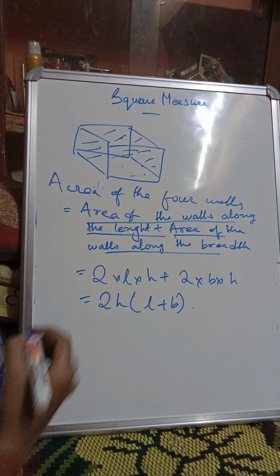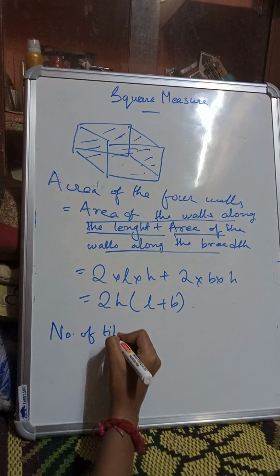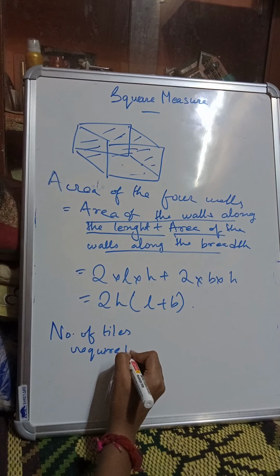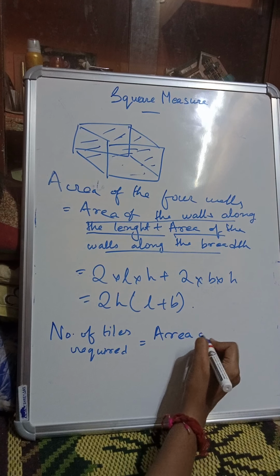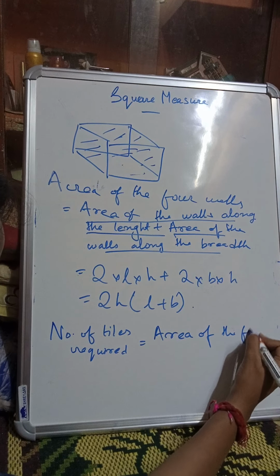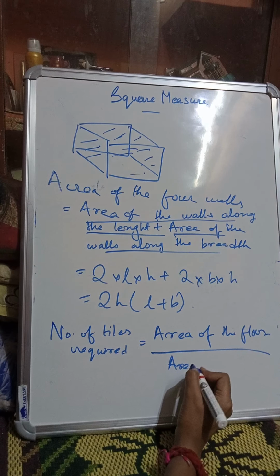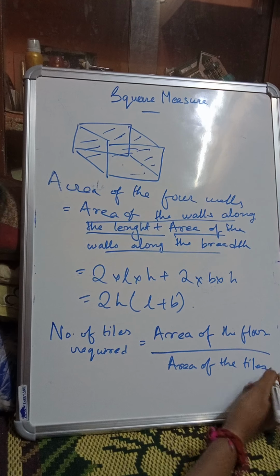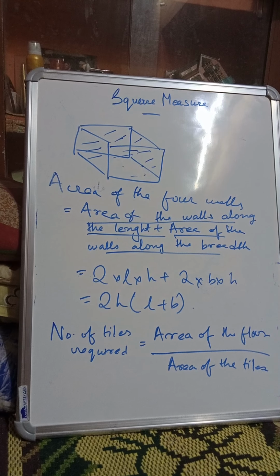The formula is: number of tiles required equals the area of the floor divided by the area of the tile. We already know the area of the floor, and the dimensions of the tiles will be given. So this was all about a room.